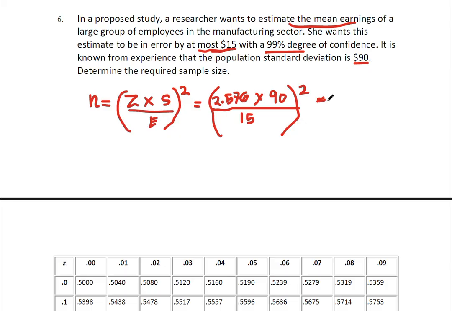So again, this will be 2.576 multiplied by 90. And when we divide that by 15, we get 15.456, which we are going to then square. So it's 15.456 all squared.